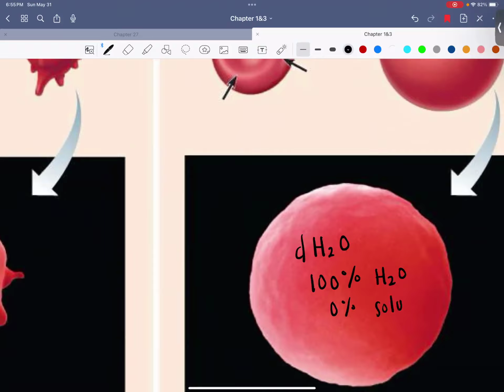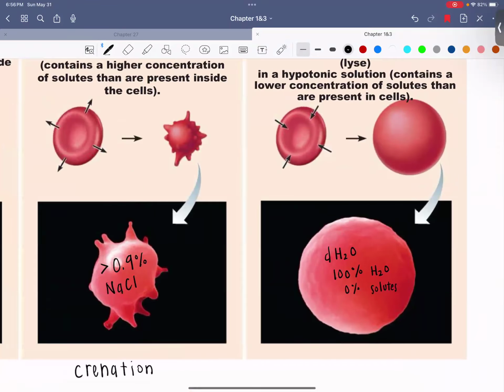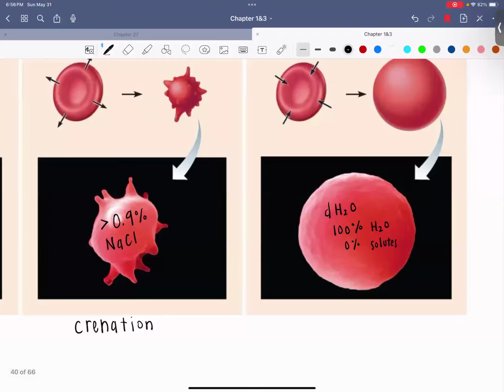And if you place a cell in a hypotonic solution, you can see that that water is going to move into the cell, causing it to bloat or swell. If it swells to the point of bursting, that's termed lysis. Specifically, when we're talking about the red blood cell, the term is hemolysis, hemo pertaining to blood.